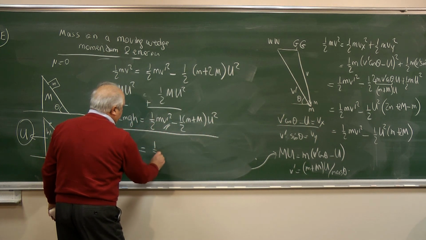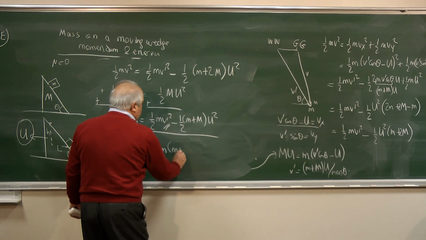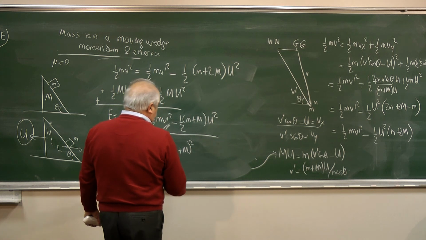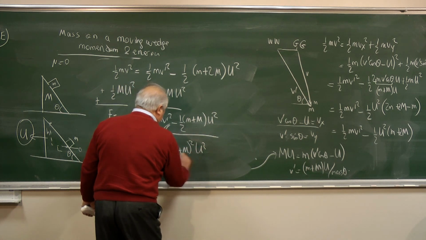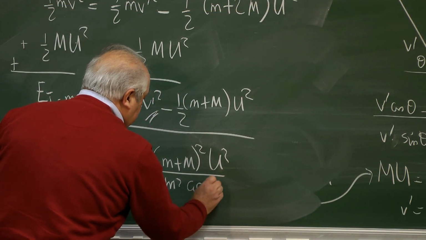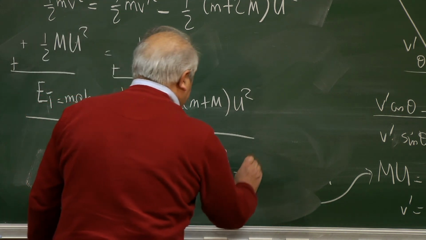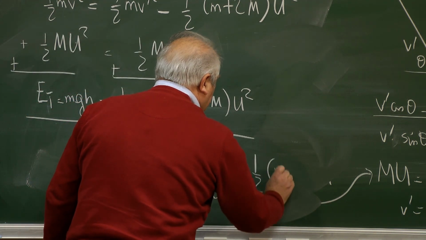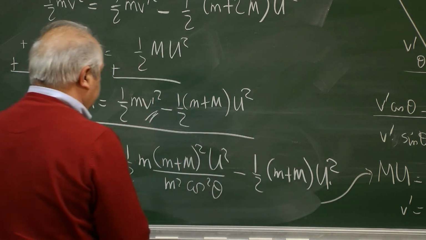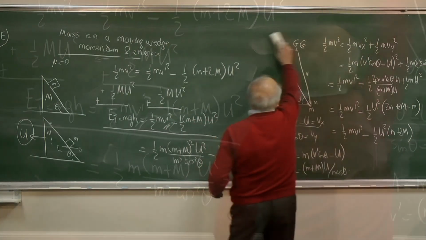Equals 1/2 m times the square of that, (m plus M) square U square over m square cosine square theta, minus 1/2 (m plus M) U square. Now I can erase this part.